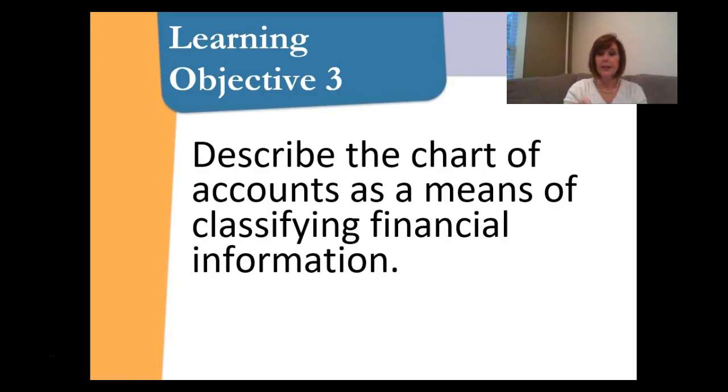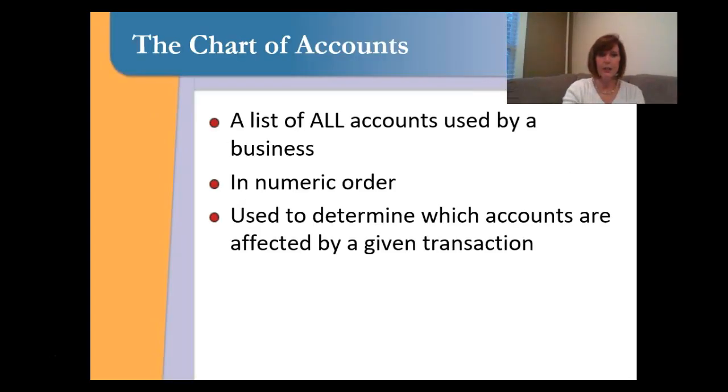And then, as I said before, we take this source document and we look at our chart of accounts and we try and basically translate this source document into accounting ease by figuring out which accounts are impacted by this transaction. Our chart of accounts is every account that the company uses, and we'll have little numbers next to them as well.